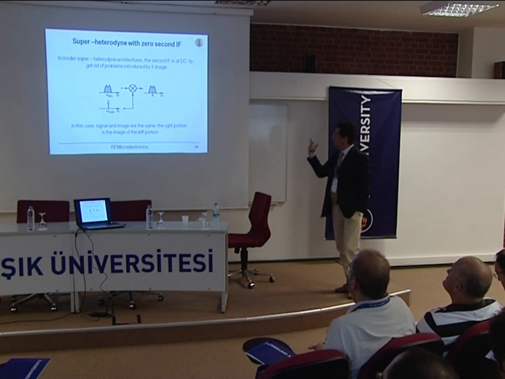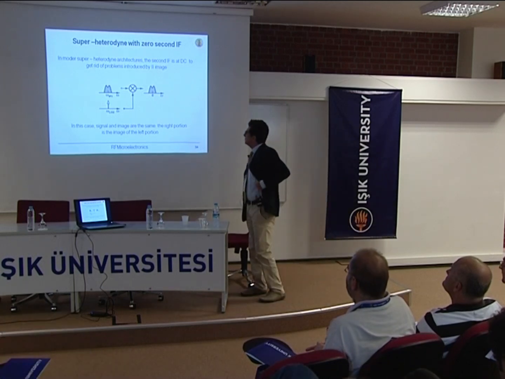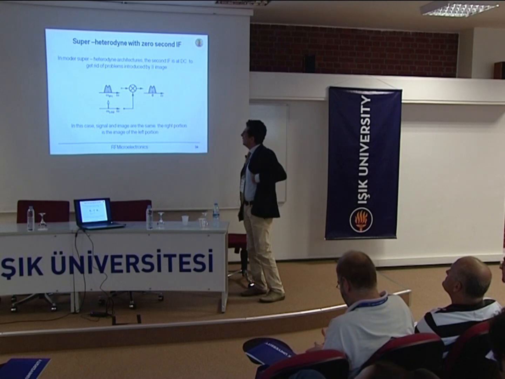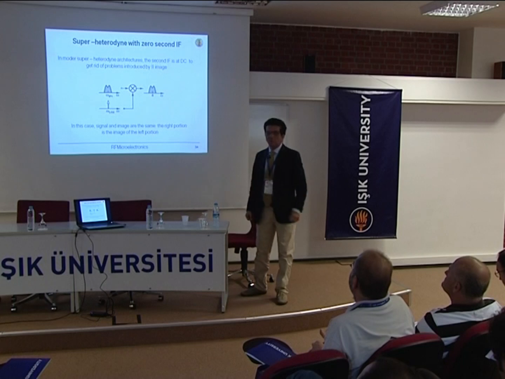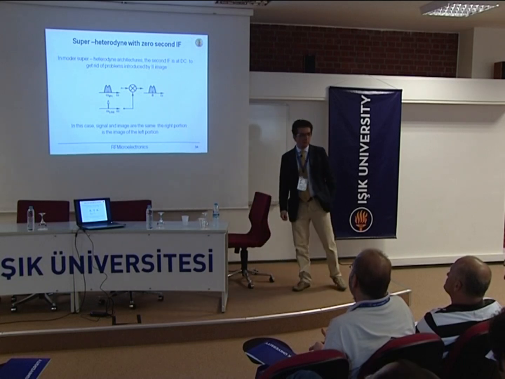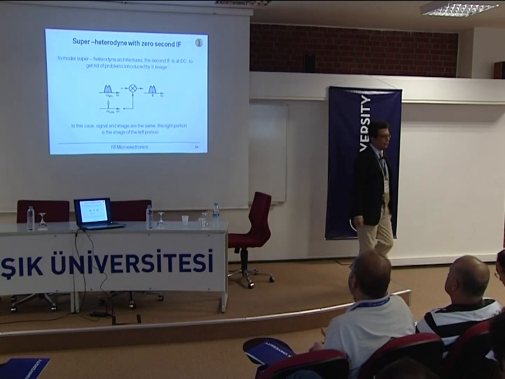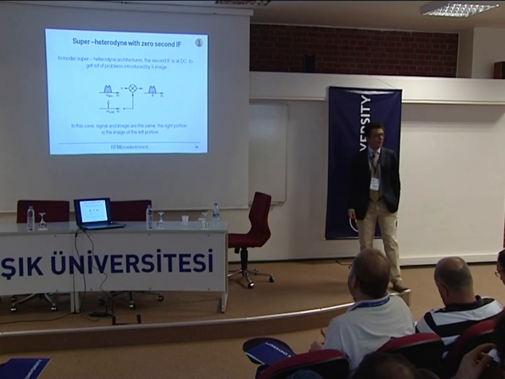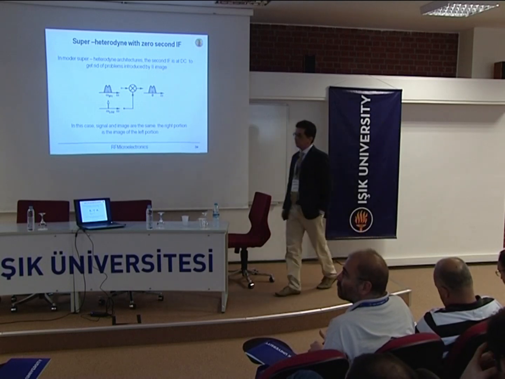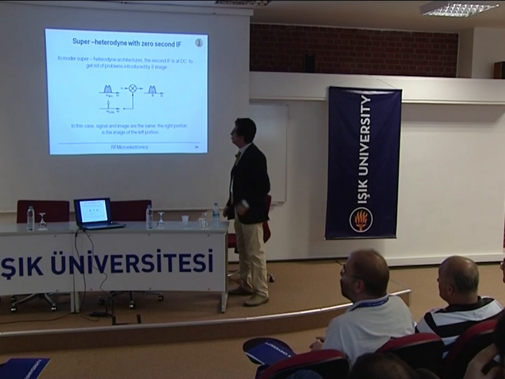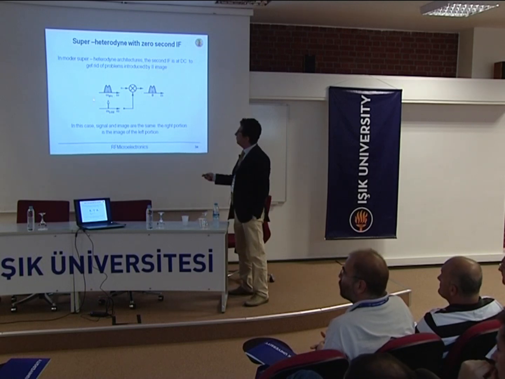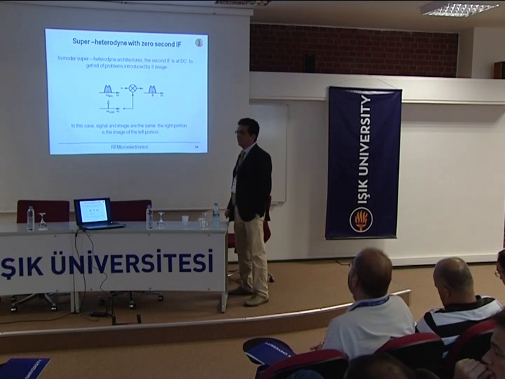The first integrated circuit transceivers used to have an IF at around 10% of the carrier. So if the carrier was 900 megahertz, the first heterodyne transceiver used to have a first IF at around 90 megahertz.